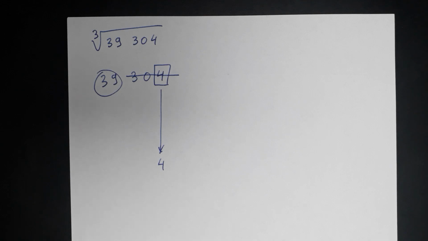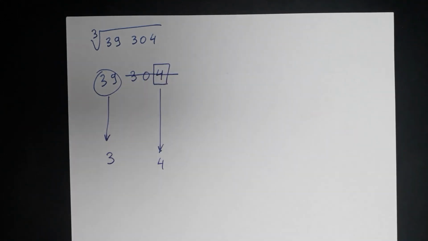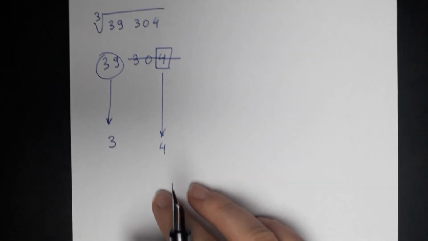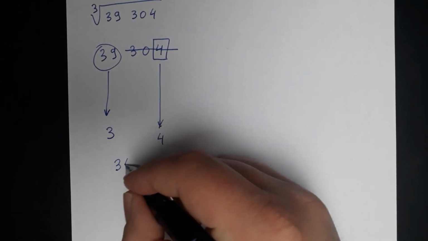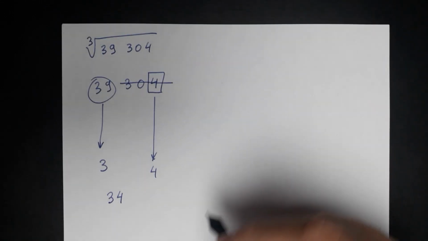That means that it is closest to 27 without going over, which means it is closest to the cube of 3. And that gives us the final part of our solution, which is number 3. So this is the final answer. We put the numbers together and 34 is the cube root of 39,304.